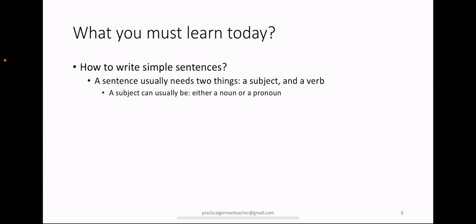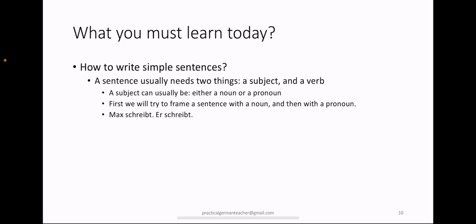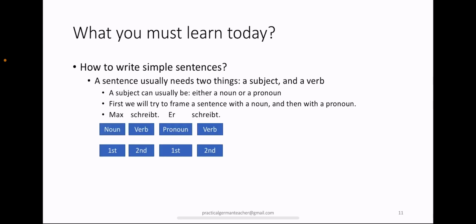A subject can usually be either a noun or a pronoun. Let's try to frame a sentence with a noun, and then we will do it with the pronoun. So the first 2 sentences that we want to write are Max schreibt, and then, let's say I know Max is a guy, he is a man, then the correct pronoun for him will be er. So Max schreibt becomes er schreibt. Let's look at the grammar.